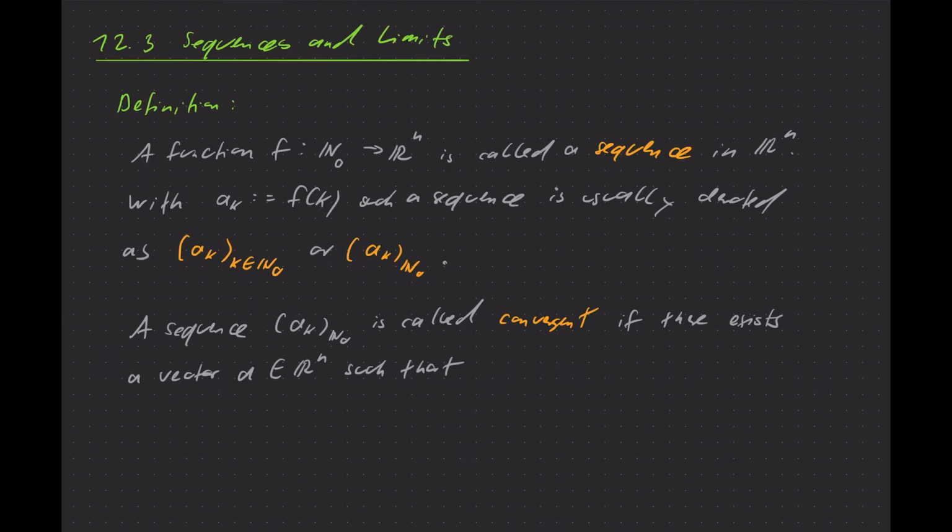You remember in R we used the absolute value to measure the difference. We are now in R^n, so we can't use the absolute value anymore, we just use the norm. Okay? So if there exists a vector a such that the norm of a_k minus a tends to 0 as k goes to infinity.